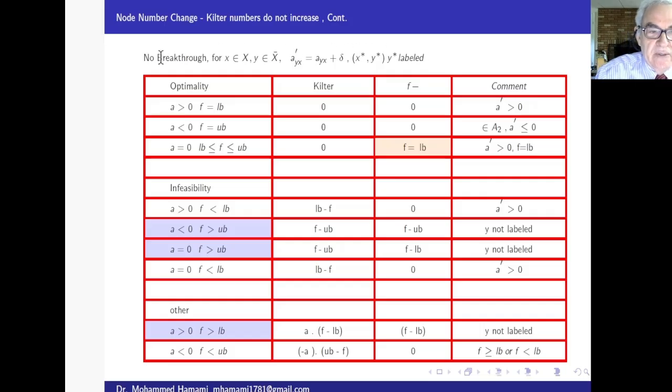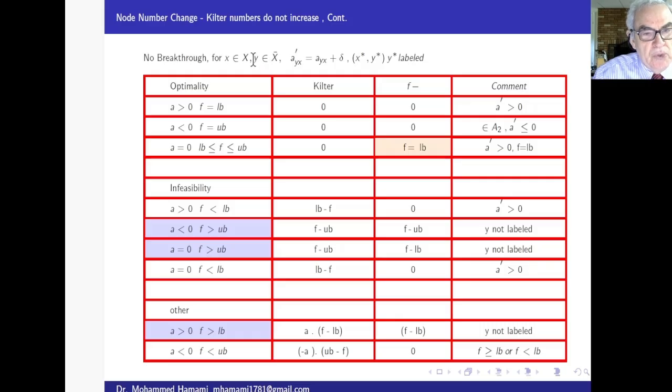So this is the case similar to the previous case. Now, I'm not going to go through it in detail. This is just a mirror image of the previous slide. So for example, if we look at these arcs, yx, remember that this is a reverse arc in our path.